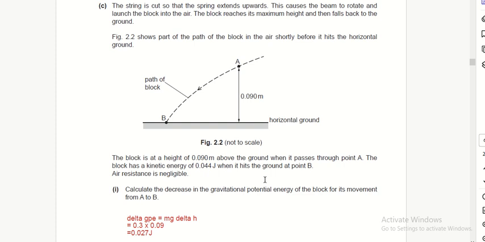So the decrease in GPE will equal the increase in kinetic energy. As we don't have the velocity at A, we cannot say how much the increase in kinetic energy is here. So the decrease in gravitational potential energy can be given directly from delta GPE equals mg delta h.